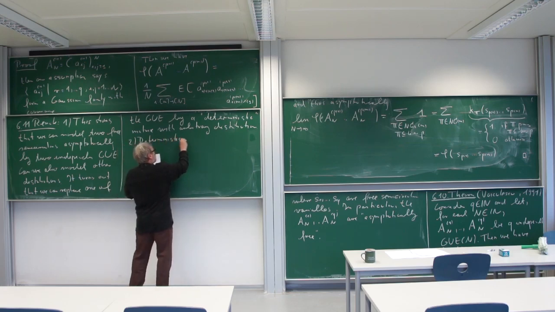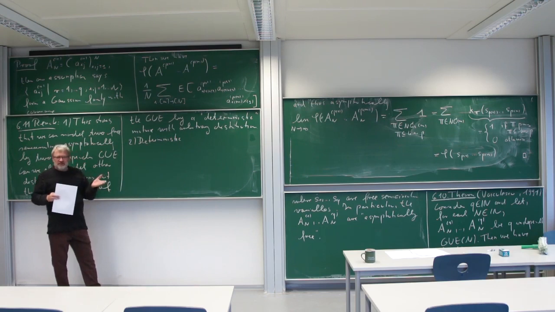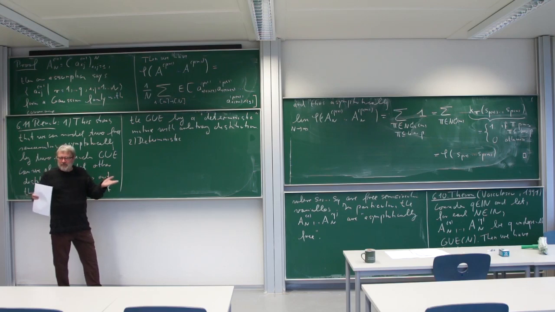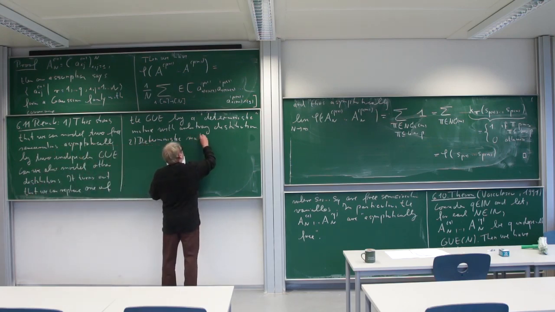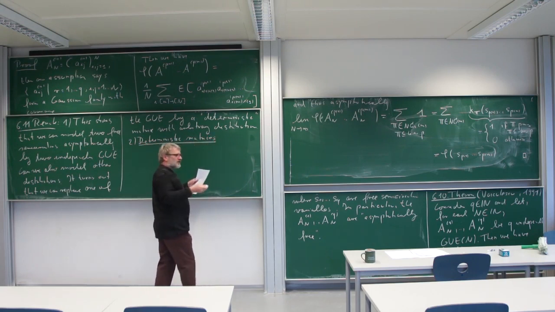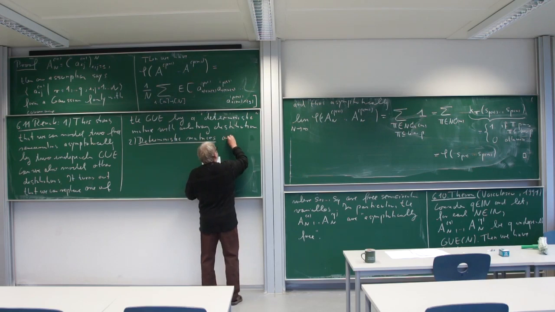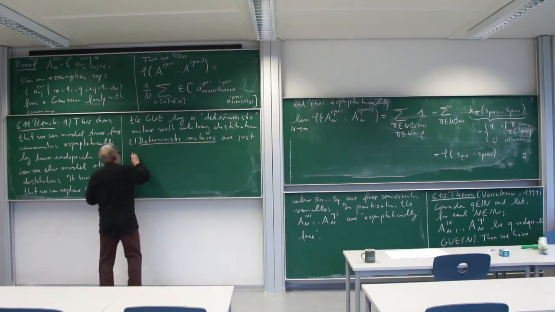and then of course if I calculate the moment of this, I'm just using the ordinary trace because the expectation doesn't do anything there. So deterministic matrices are in a sense constant random matrices. They are just matrices.